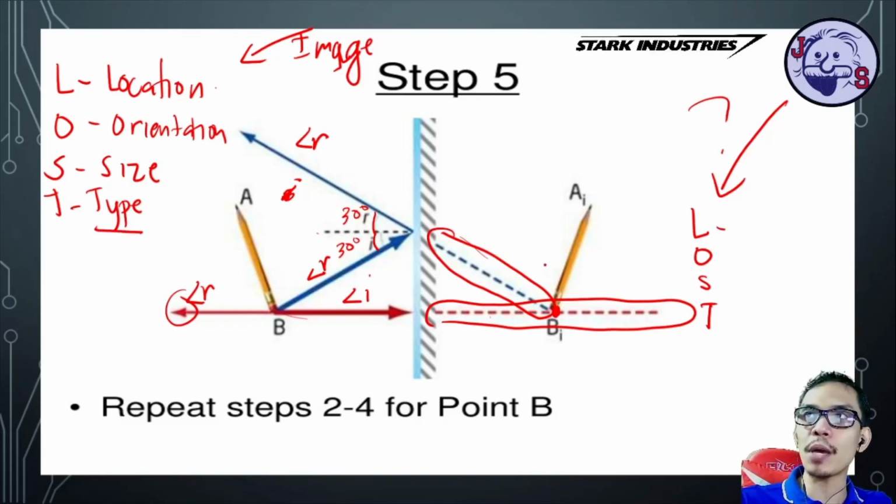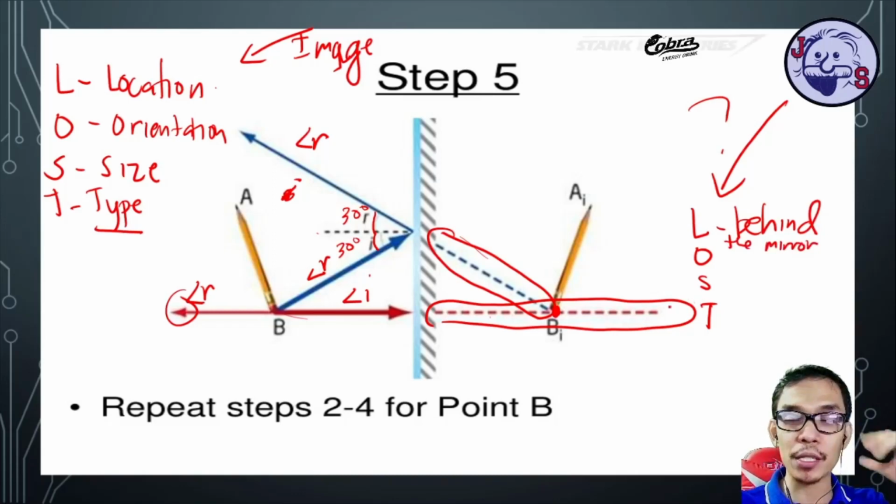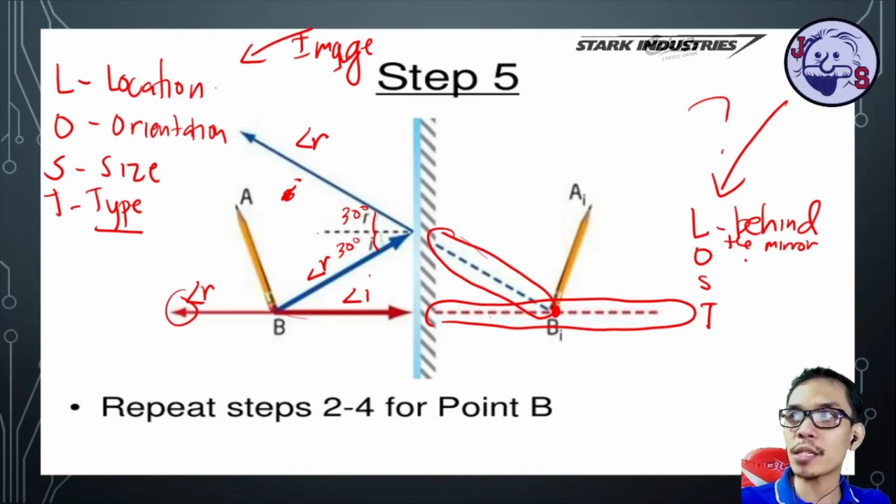The location of the image in this example is behind the mirror. But in reality, there's no such thing as behind the mirror. We just represent it to make things simpler.